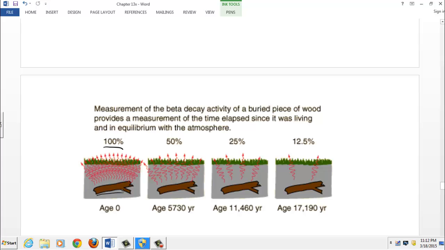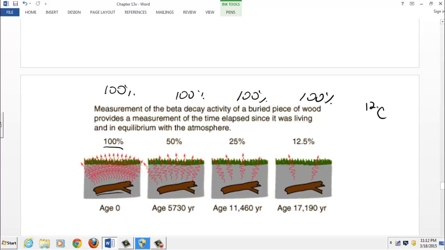It's not that the whole stick is 100% radioactive carbon-14. No, it's just saying that it has the same amount as the atmosphere at the time that it was buried or time of death. Okay, but now it can't acquire any fresh carbon-14 like the atmosphere. So the atmosphere keeps getting regenerated by cosmic rays, so it always has the same amount, 100%, whatever that is.